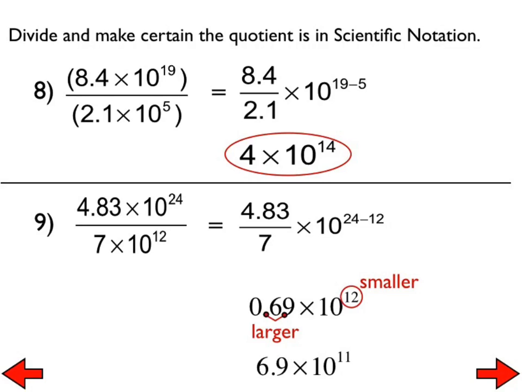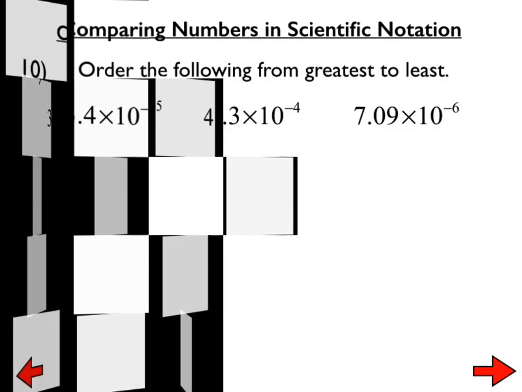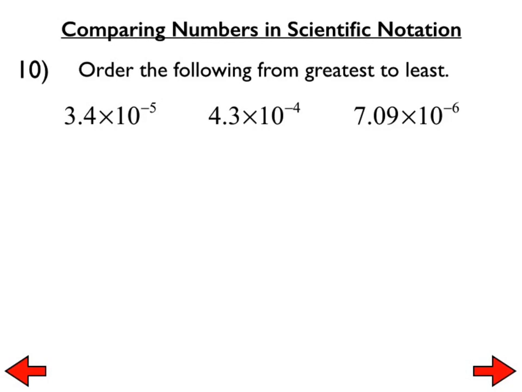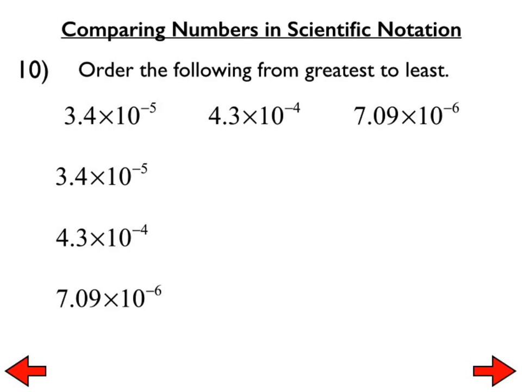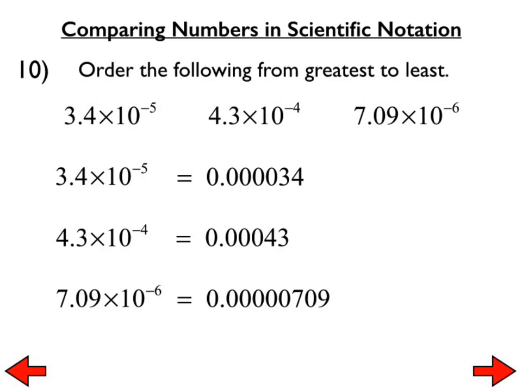All right, next problem. Please order those from greatest to least. I'll give you about 1 minute. One way of going about trying to figure out the order of these things would be to think of them in standard form and then just start comparing each digit as we go along.